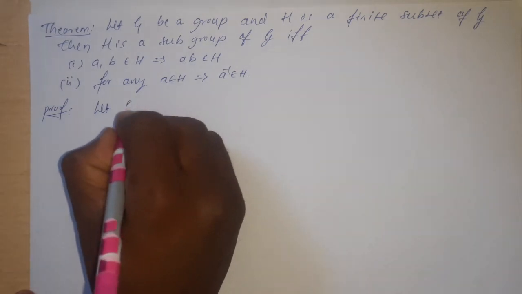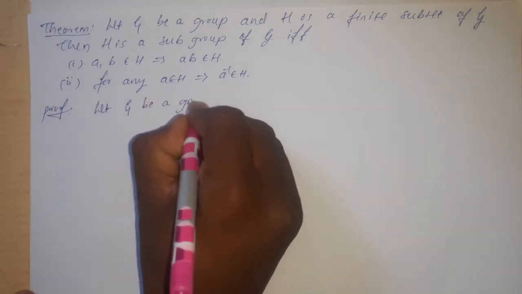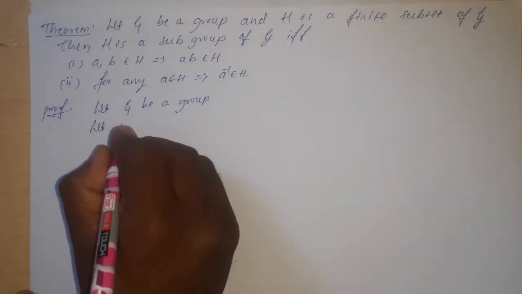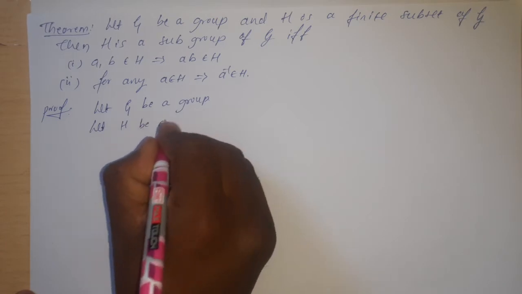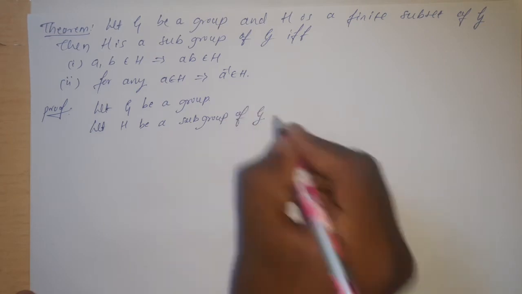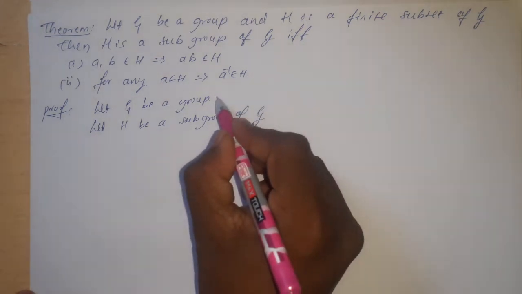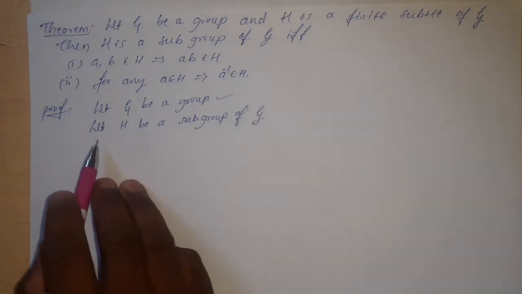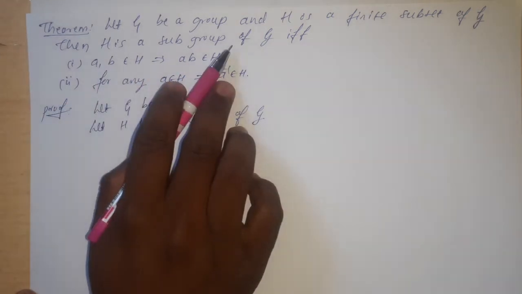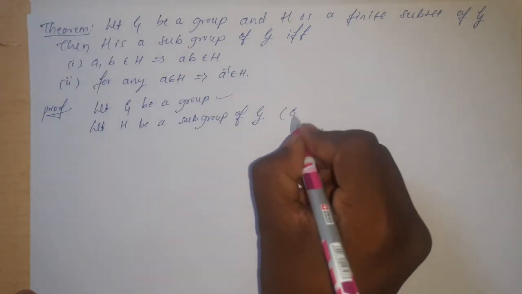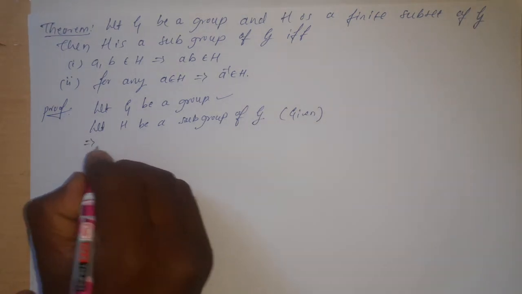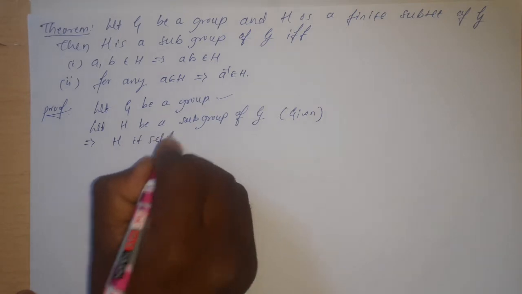Let G be a group. It is already given G is a group, and now let H be a subgroup of G. Consider this as the given data, and it implies H itself is a group.